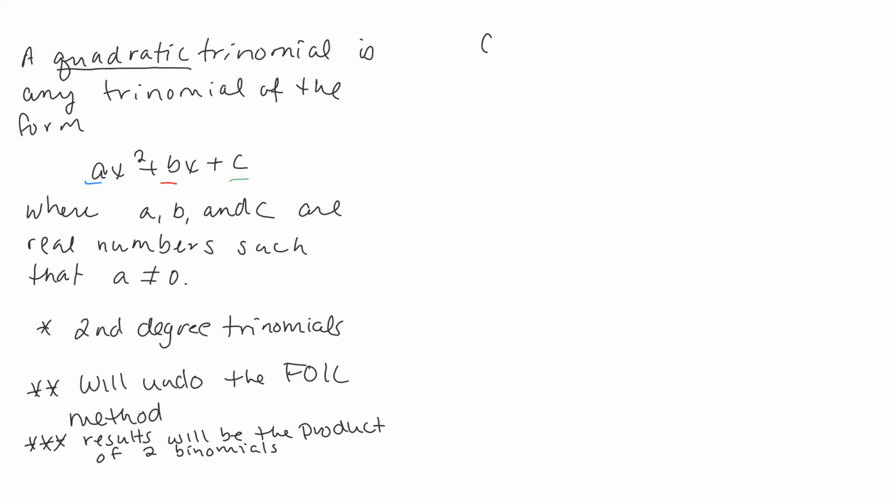So let's consider x plus 2 times x plus 3. Now, back when we were just dealing with polynomials, we would have learned FOIL. Remember, FOIL stands for first, outer, inner, last. So first terms, outer terms, inner terms, last terms.